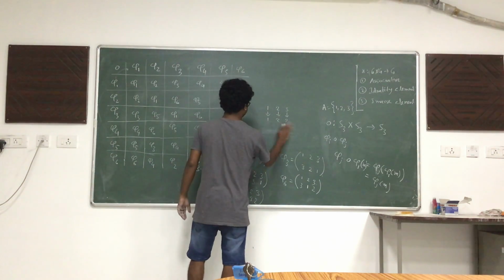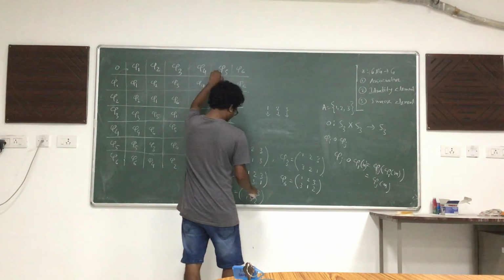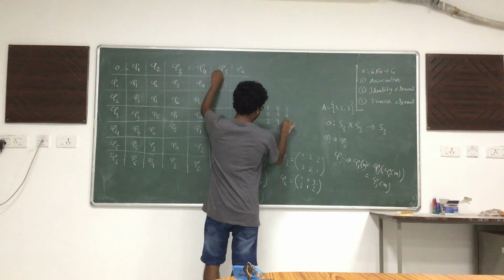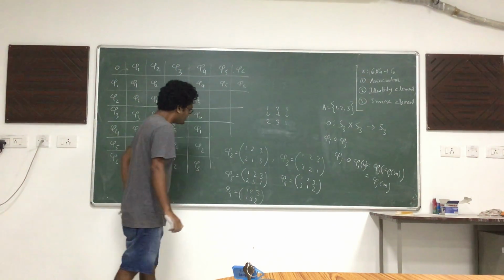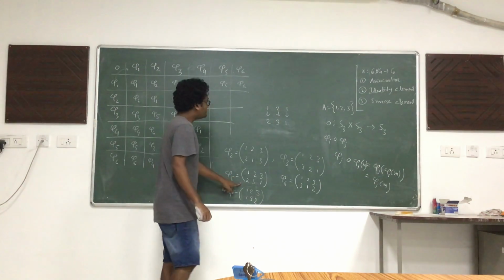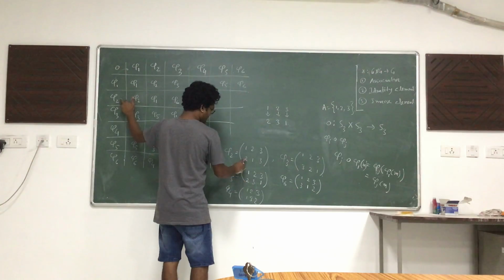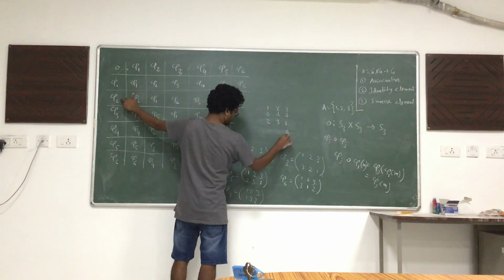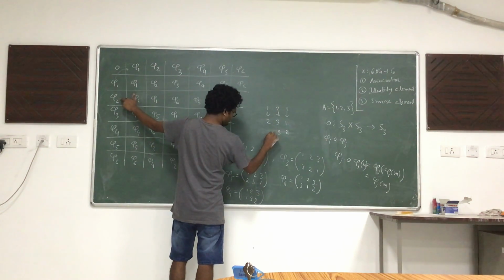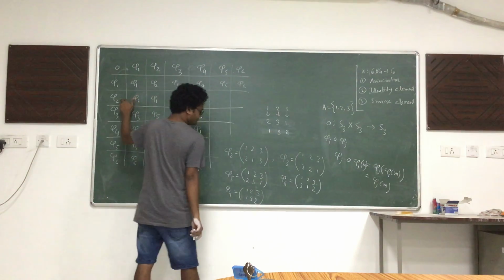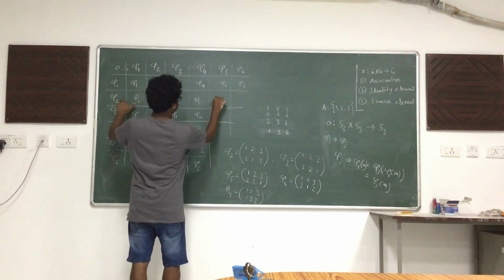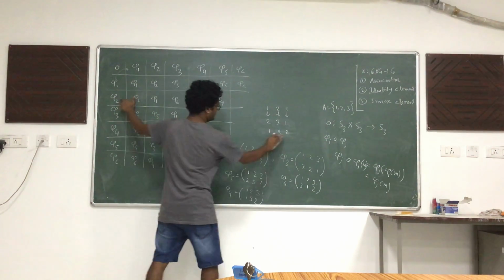Then this, let us say phi 5, phi 5. 2 3 1. Interesting thing happens here. Okay. Let us see. First act phi 2. Phi 2 is 1 goes to 2, 3 remains 3, 2 goes to 1, 1 3 2. 1 3 2 is phi 4, right?